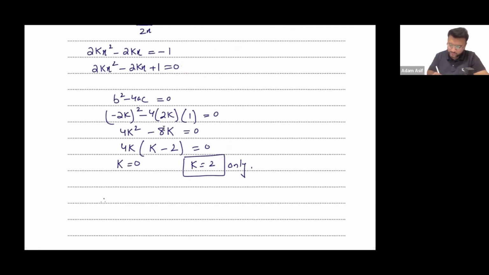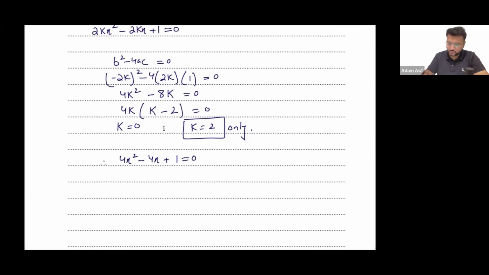The equation becomes 4x squared minus 4x plus 1 equals 0. Solve this equation for the value of x. If you solve this, you're going to get repeated roots, because it's the case of tangency. You're going to get x equals half.